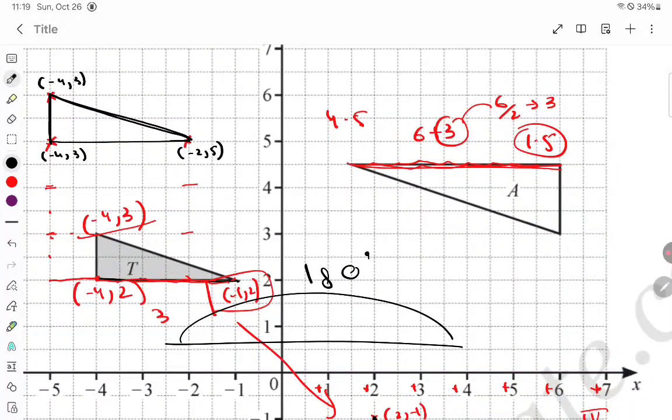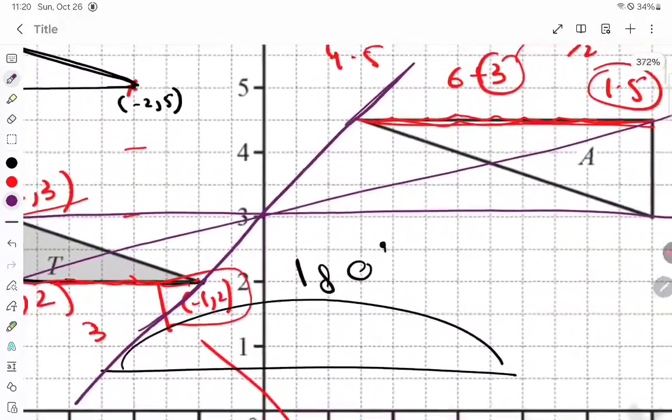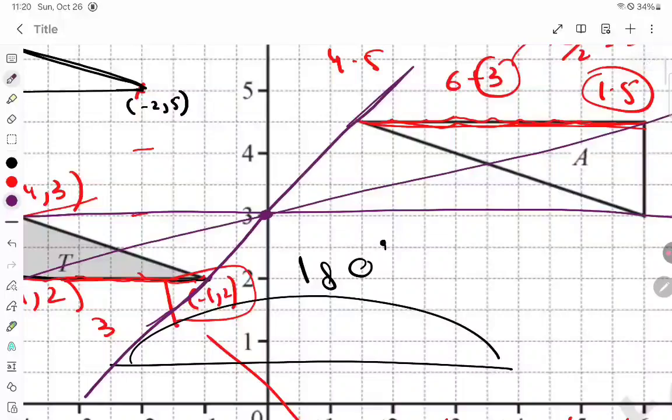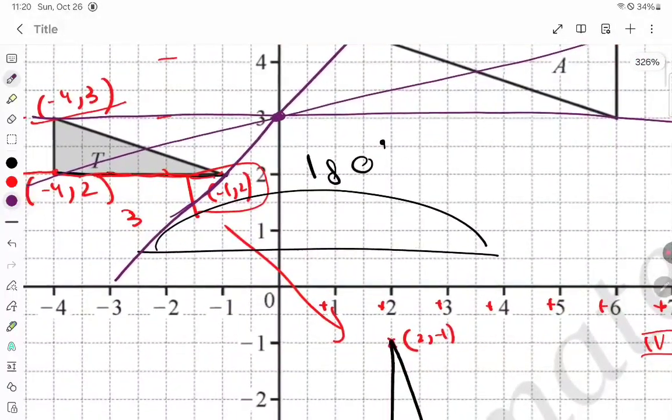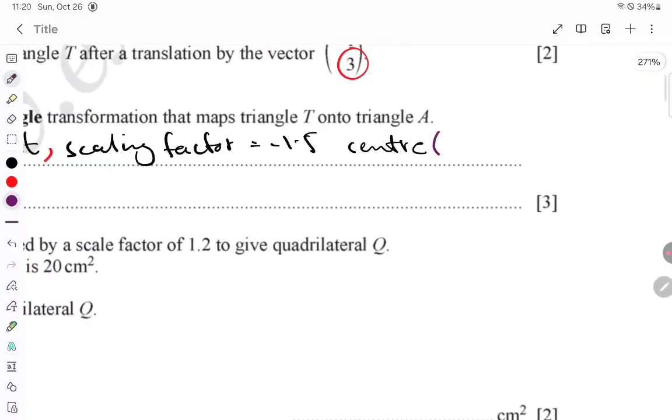First join the line, second join the line, third join the line. All three lines cut at 0 comma 3. So we can say that the center is 0 comma 3.